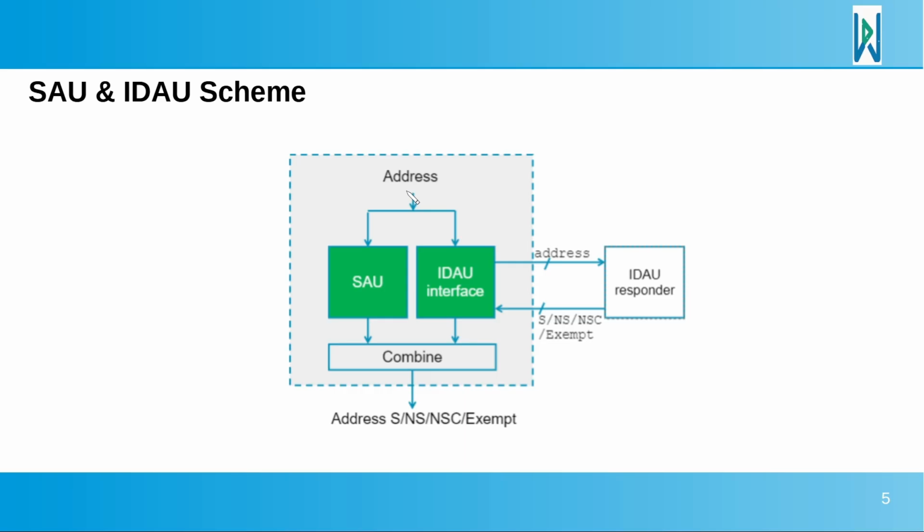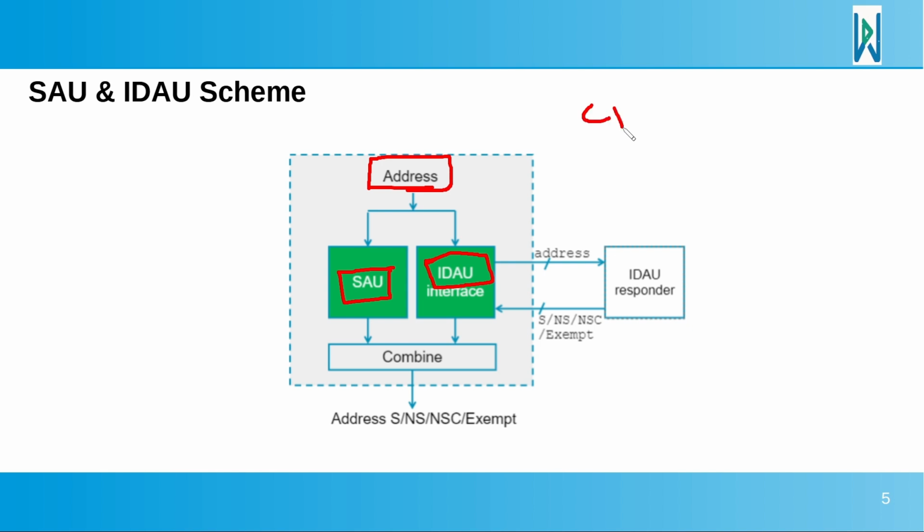Now, the security attribution assignment to the different addresses within our system is done via those 2 blocks: security attribution unit and implementation defined attribution unit. We need first of all to distinguish between the security state of our processor and the security attribution assigned to our address space.